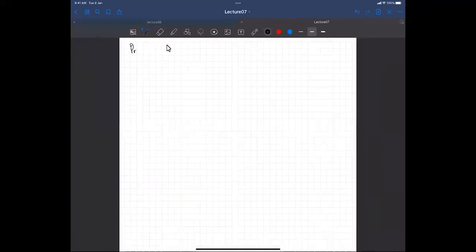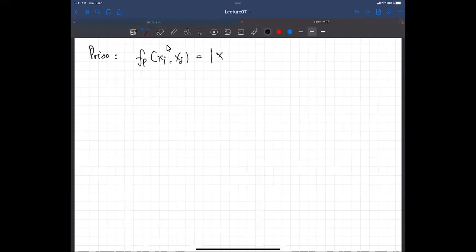For the prior, Fp of xi, xj, the simplest one is the distance between xi and xj. The one norm distance means that we encourage xi and xj to be the same.